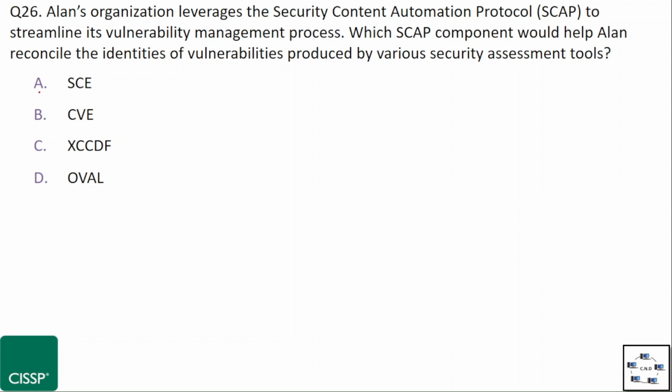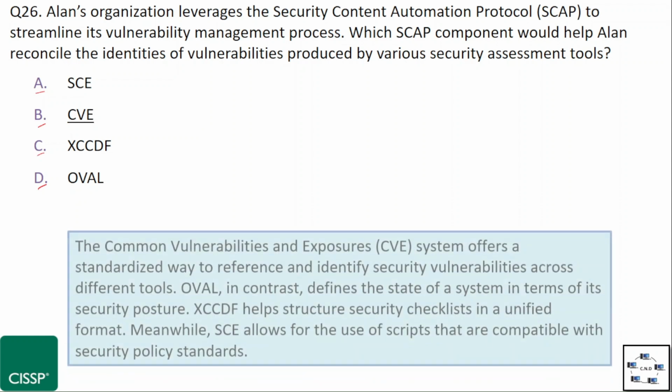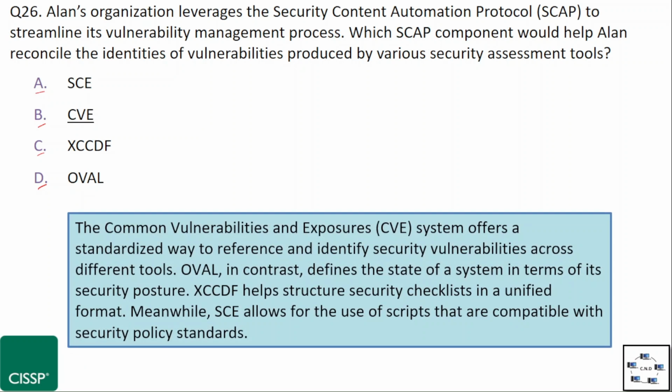The options are: option A, SCE; option B, CVE; option C, XCCDF; and option D, OVAL. The correct option is option B, CVE, the Common Vulnerabilities and Exposures.